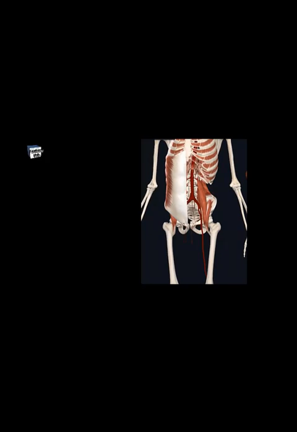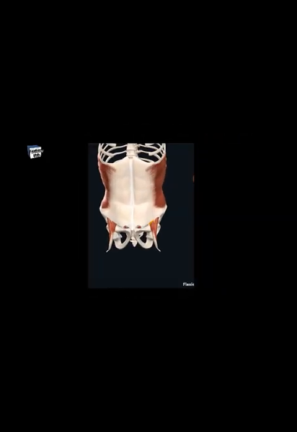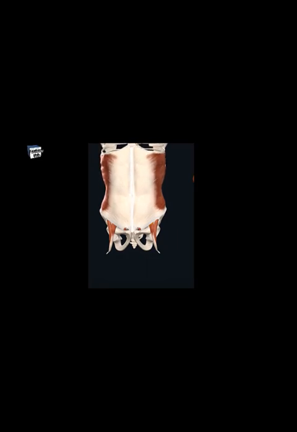Some authors say that the psoas major played a significant role in advancing the limb while walking and in controlling deviation of the trunk when sitting.